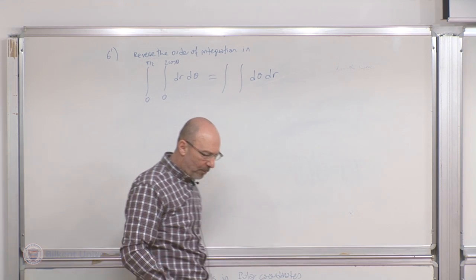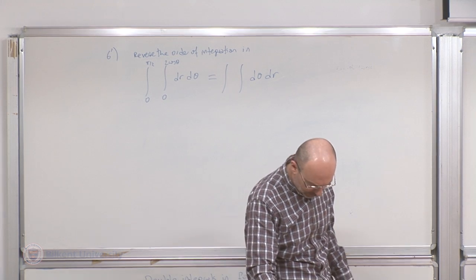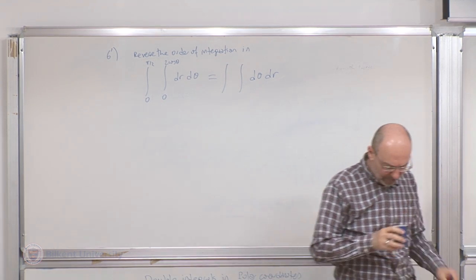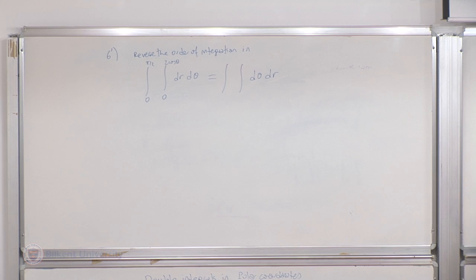Theta starts from where and goes to where? Forget about polar coordinates. Okay, this is just an algebraic problem. The relation between the two parameters is given like this. When it is solvable with respect to one of them, we immediately integrate with respect to that one first.